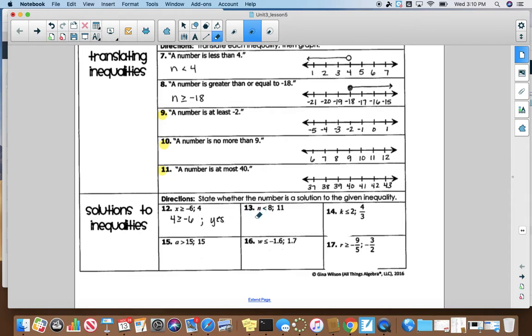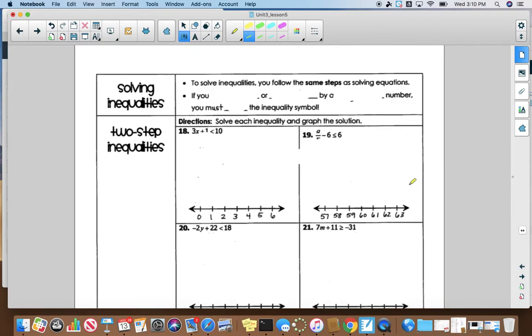Number 13, plug in 11. Is 11 less than 8? No, it is not. Okay, so this is pretty self-explanatory. You're plugging in the number after the semicolon in for x to tell me yes or no, it is a true statement. So go ahead, pause the podcast, and do 14, 15, 16, and 17.